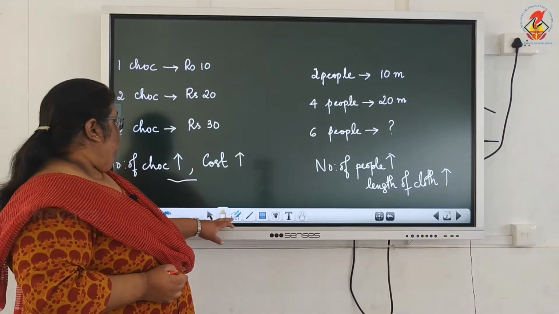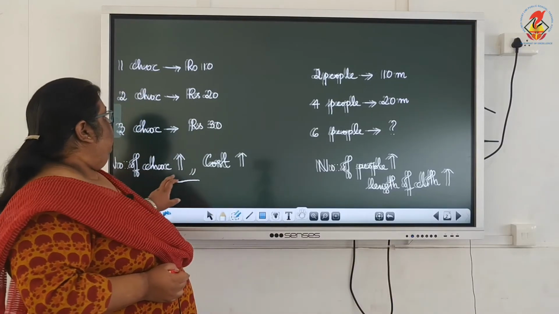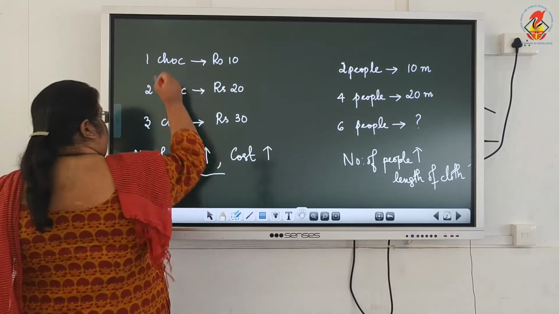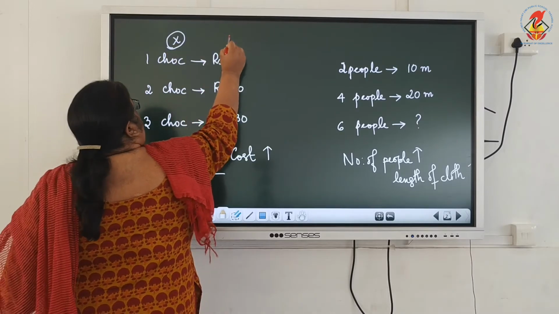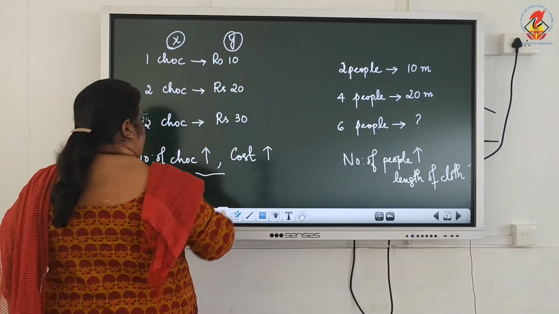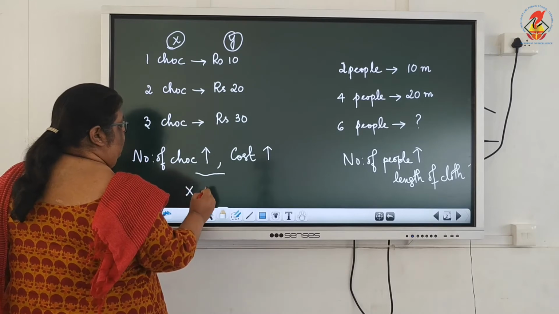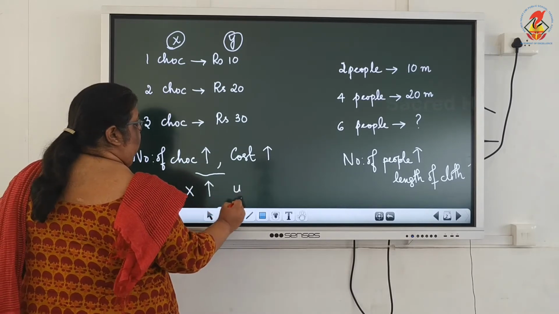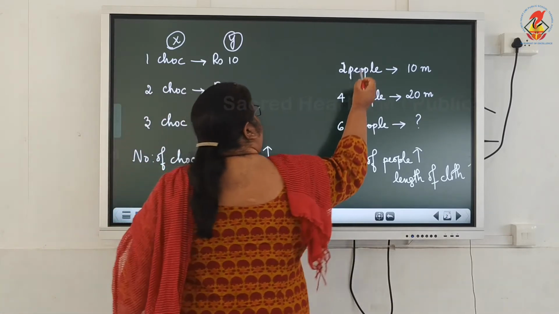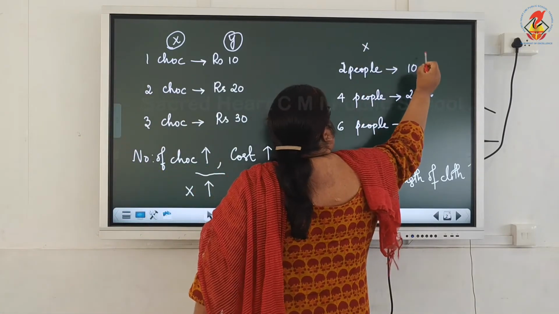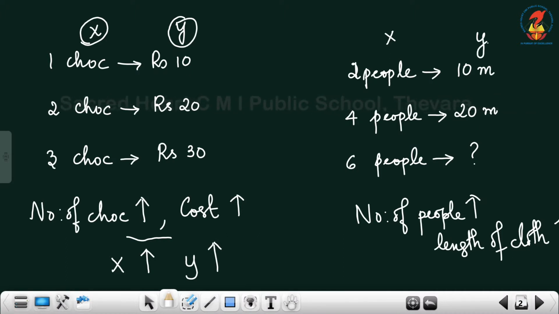If I take the number of chocolates as X and the cost as Y, I can write as X increases, Y also increases. Here, if I take the number of people as X and the length of the cloth as Y, I can say as the number of people increases, the length of the cloth also increases.